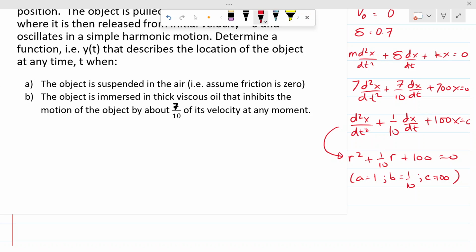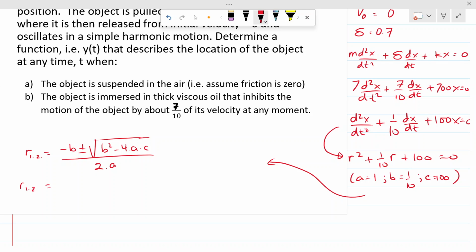According to the formula, the roots 1 and 2 are given by minus b plus or minus the square root of b square minus 4ac, over 2a.